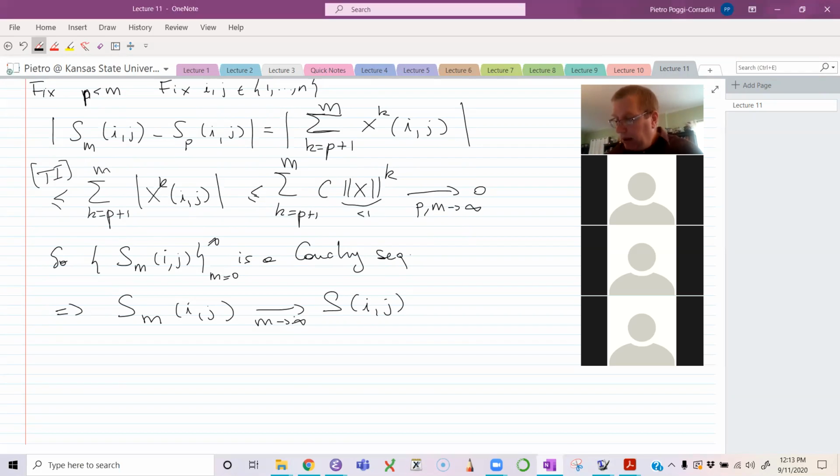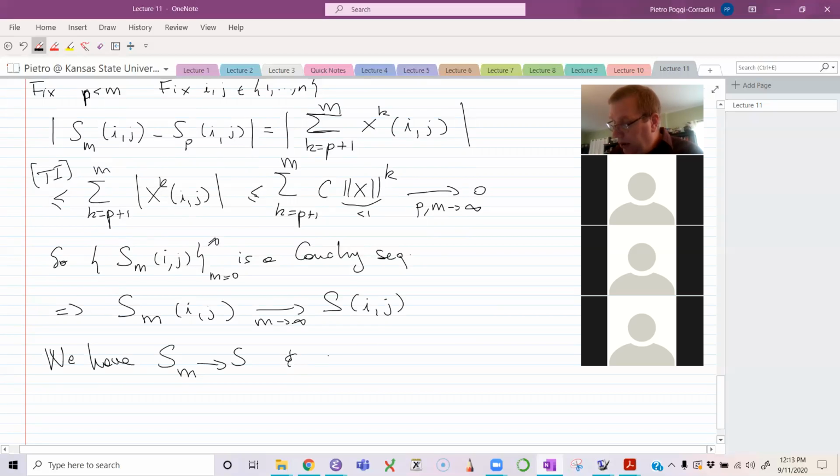And so in particular, S_m tends to S, and also we had that X^n was going to the zero matrix, right? Same argument.